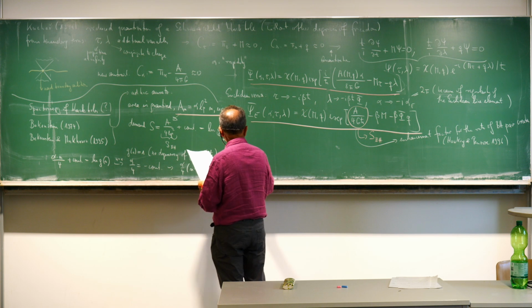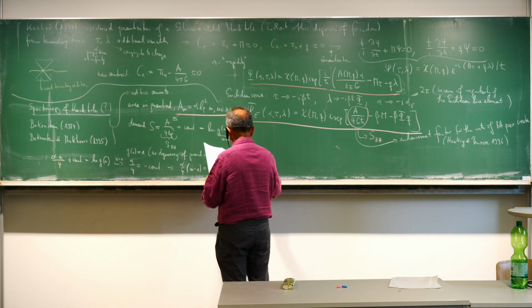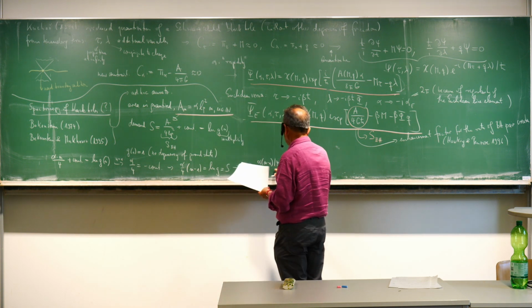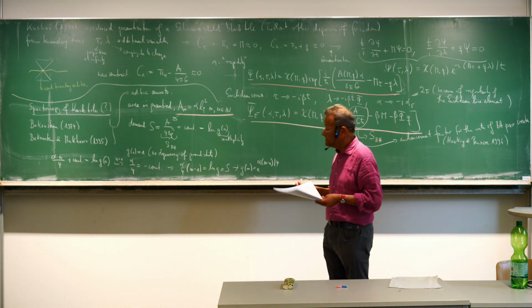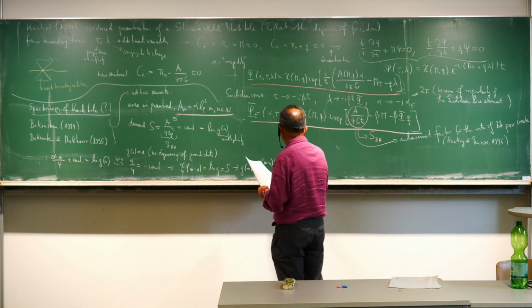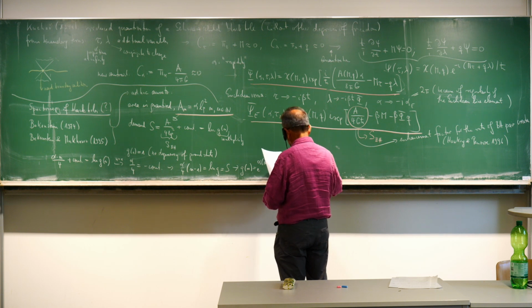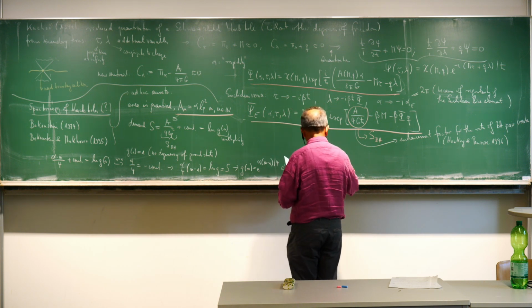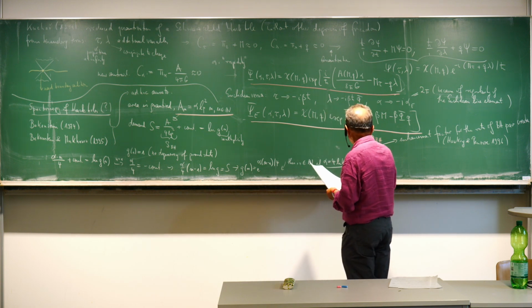And from this you get g of n is e to the alpha times n minus 1 over 4. Okay, this is a multiplicity, so this should be a natural number. So this is a natural number if alpha is 4 times the logarithm of k, with k equals 2, 3, and so on.